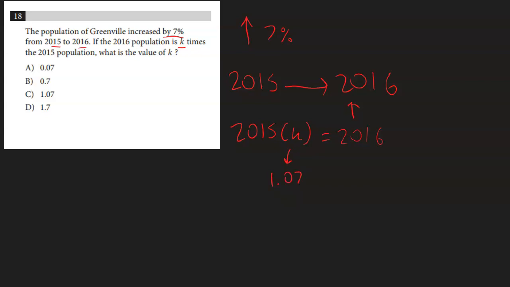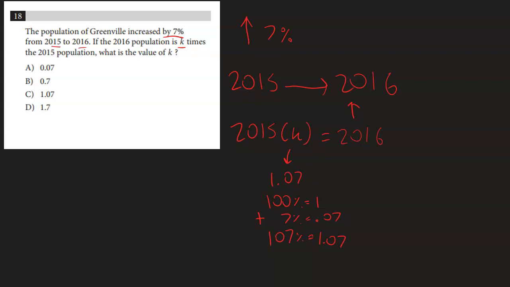The reason I assume this is because if you want 2015 to be the same size it was last year, you have to multiply it by 100%, and that's represented by 1. But it's also growing by an extra 7%, which is represented by 0.07. So adding these together, you get 107%, which equals 1.07.